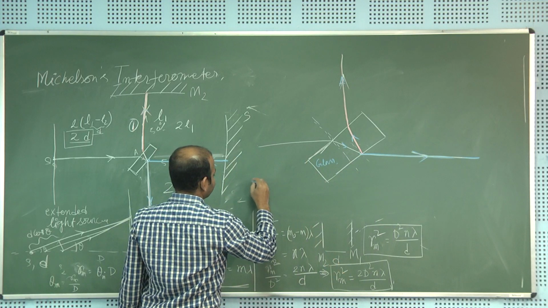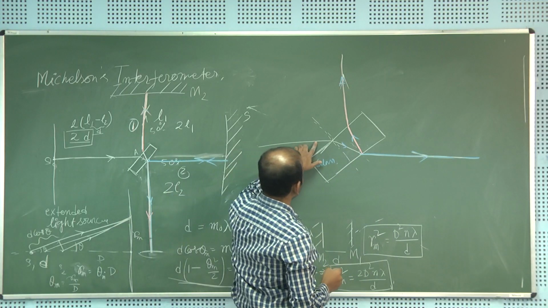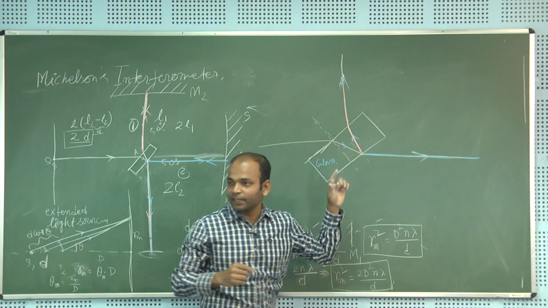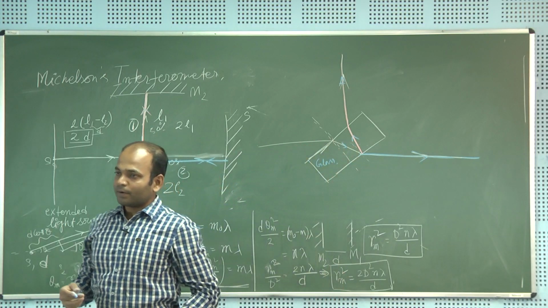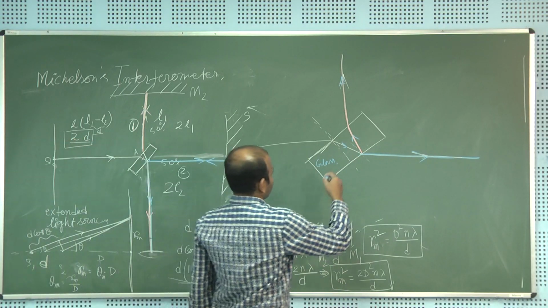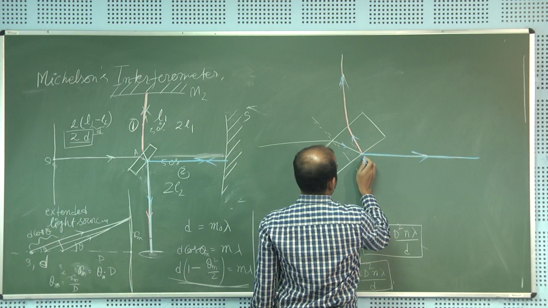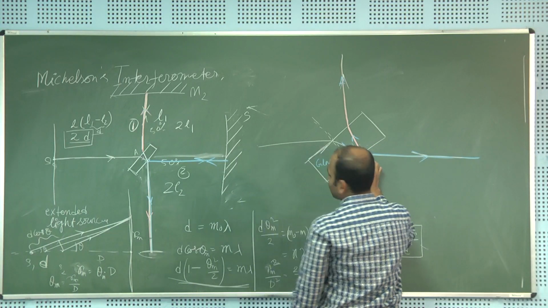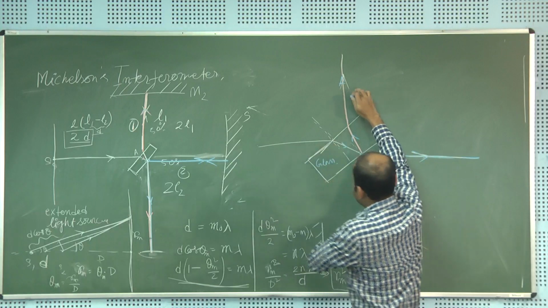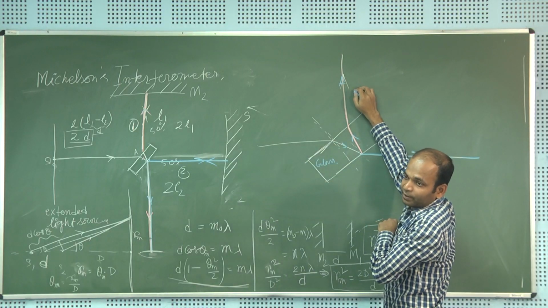So, if the reflectance, yeah, I think it is from rarer to denser, right. Yeah. Or denser, this is fine, right. So, this one will have a phase difference of pi.